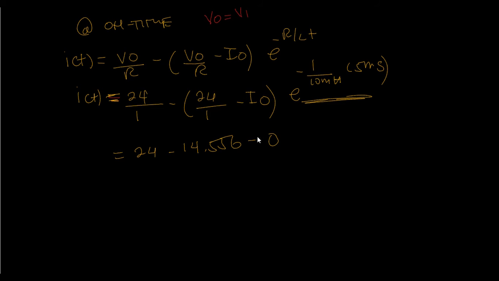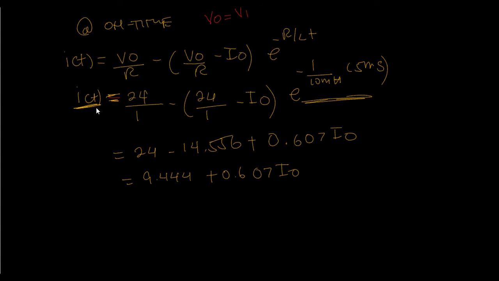Or sorry, this is plus, since it is in parentheses: 0.607 I0. So, simplify further: 14.556, 9.444 plus 0.607 I0. Okay, so what do we put in this I of t?